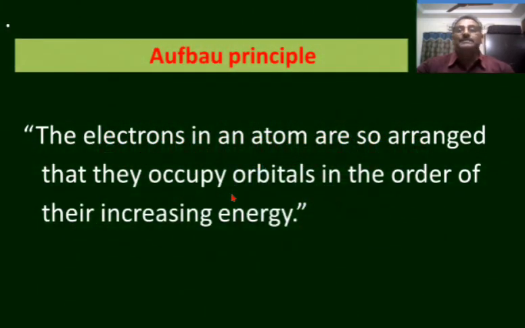This Aufbau principle states that the electrons in an atom are so arranged that they occupy orbitals in the order of their increasing energies. What is the meaning? That means the electrons are to be filled in the orbitals from lower energetic orbital to higher energetic orbital.